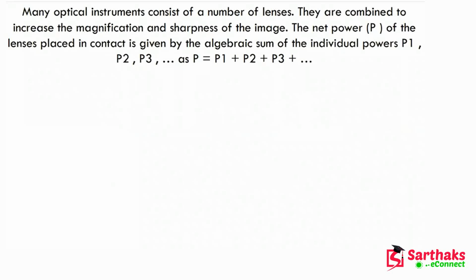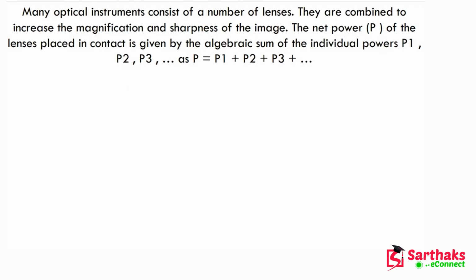Many optical instruments consist of a number of lenses. They are combined to increase the magnification and sharpness of the image. The net power of the lenses placed in contact is given by the algebraic sum of the individual powers P1, P2, P3, as P is equal to P1 plus P2 plus P3. So what has been written here, let me explain.